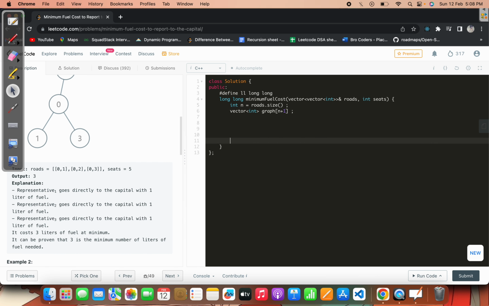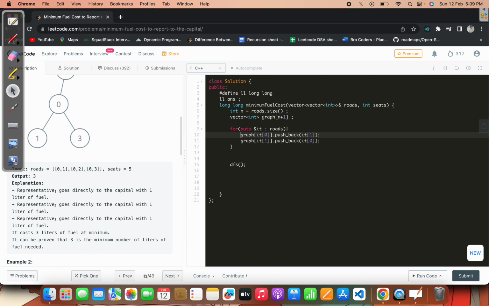So let's now construct our adjacency list. And we will maintain a global variable answer and initialize it with 0.